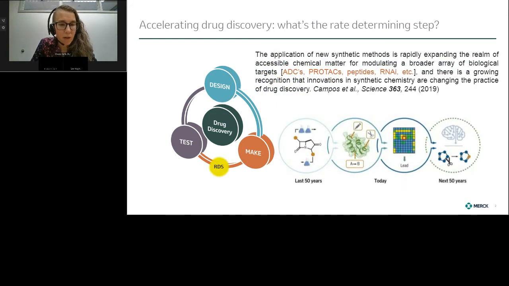So I'm going to be a bit provocative and say that maybe the rate determining step is going from make to test. Over the last 50 years, there have been a lot of really great methods developed in synthetic organic chemistry. As we look at where we're going, the use of biocatalysis, molecular editing, and HTE have definitely improved our ability to make different molecules. But when we look at the future, where are we?